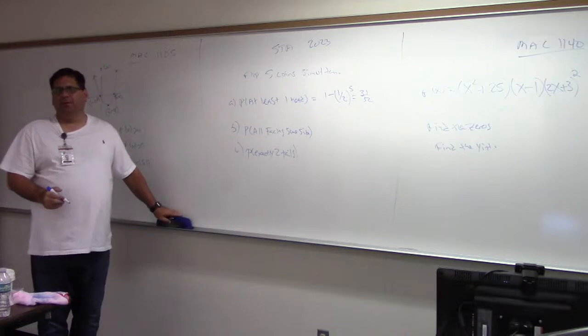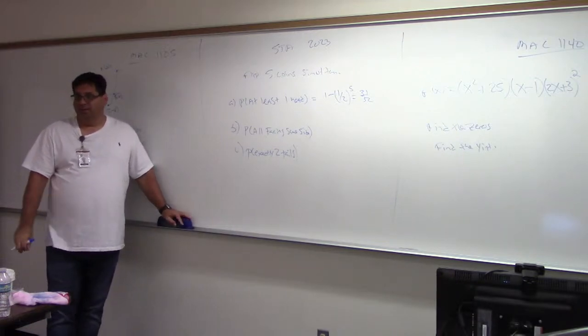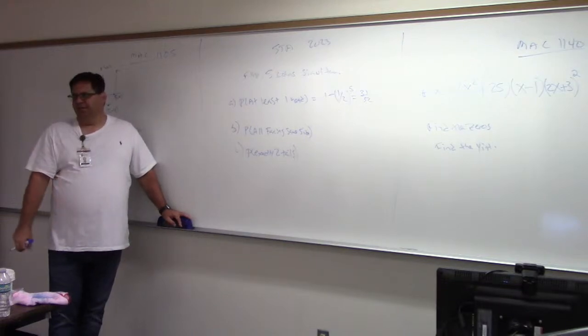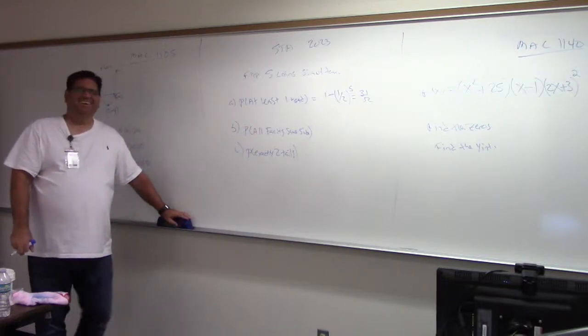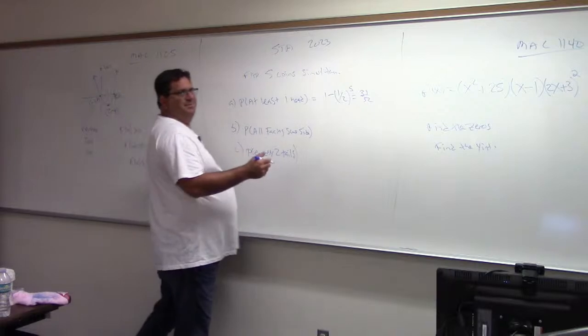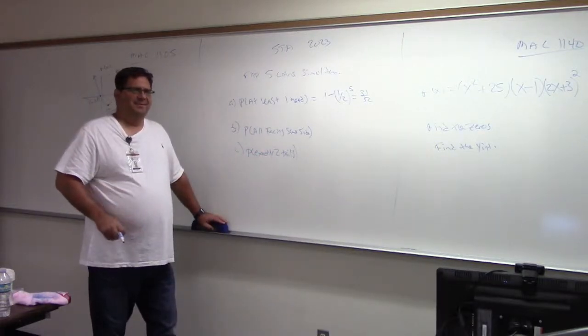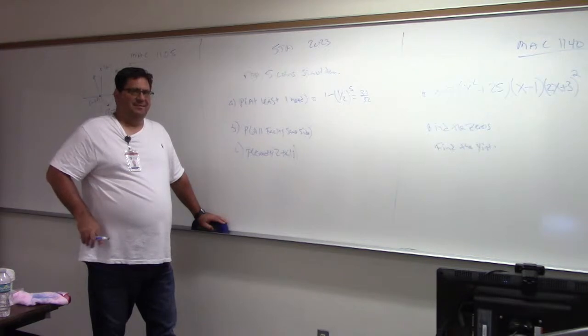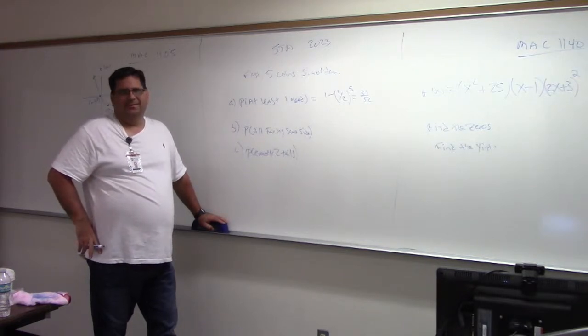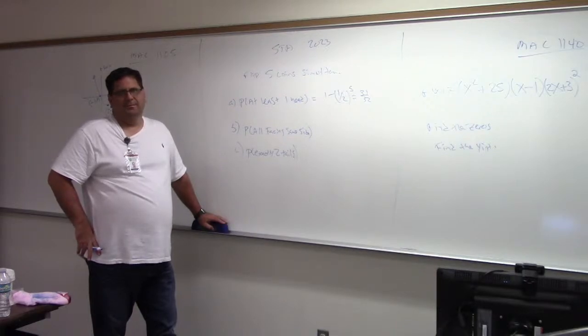What is the probability they are all facing the same direction? 1 over 16. Can you explain that? Go ahead, Josh. Facing the same side could be all heads or all tails. The chance they flip all tails is 1 over 32. Same thing with heads, 1 over 32. So 1 over 32 plus 1 over 32 is 1 over 16.